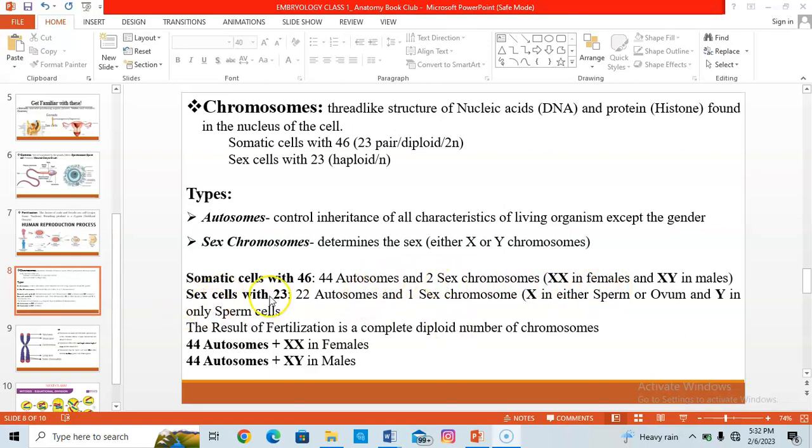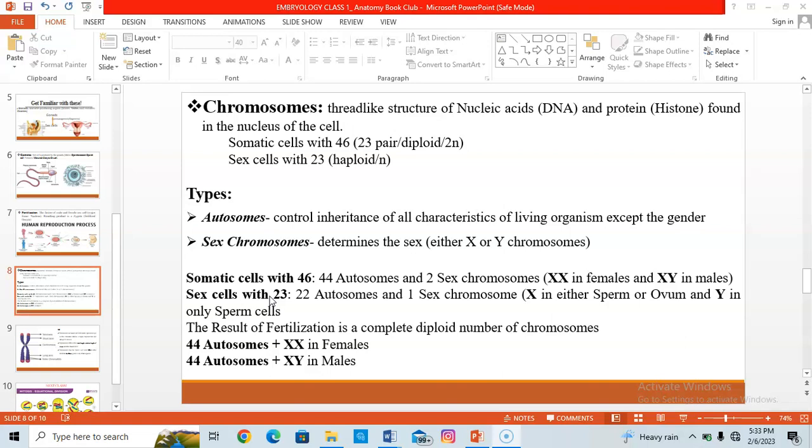But in your sex cells, those cells that have gone into first meiotic division, you know there are some cells in your gonads that have not gone into first meiotic division, like the spermatogonia, found in males, and the oogonia, found in females.